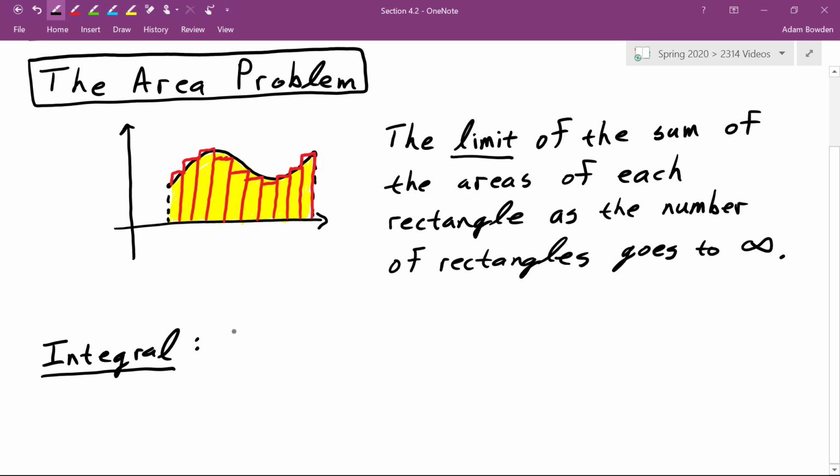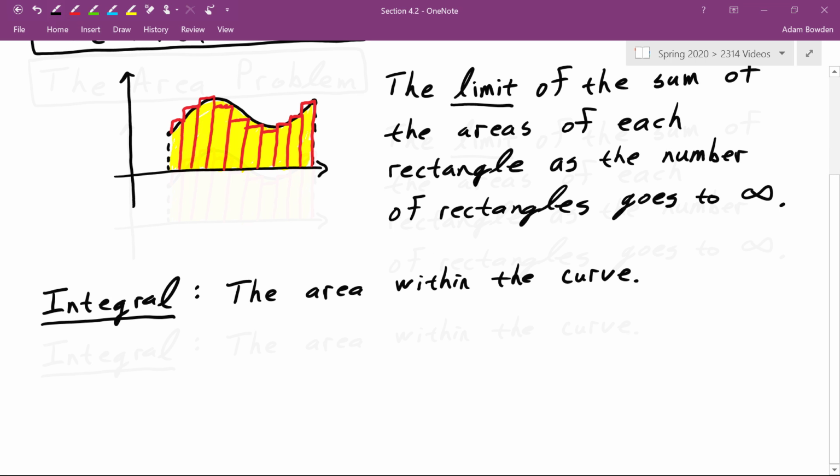One way of interpreting the integral is the area within the curve. And so if we consider that our right endpoint is at A and our left endpoint is at B, then the area contained within the curve is represented by this particular symbol, which we call the integral symbol.